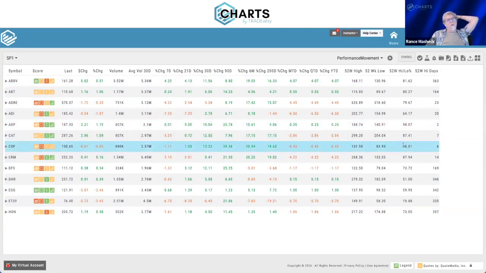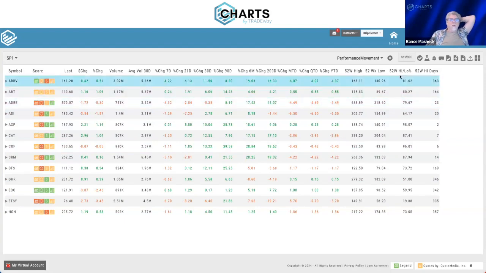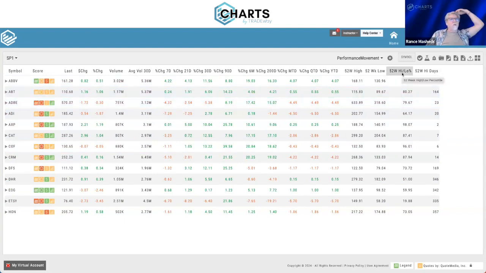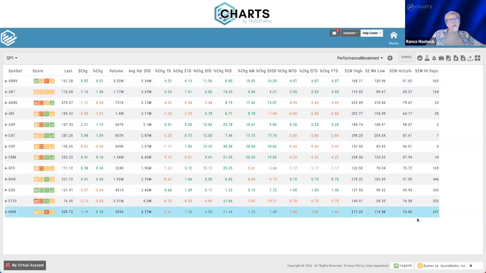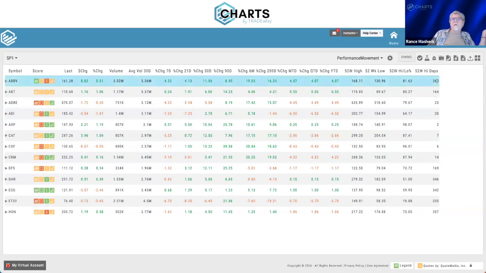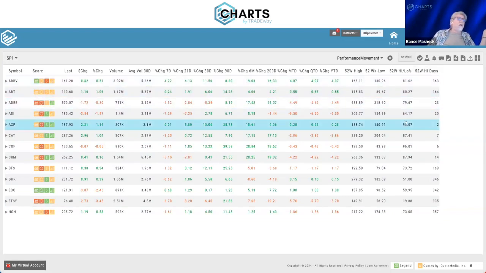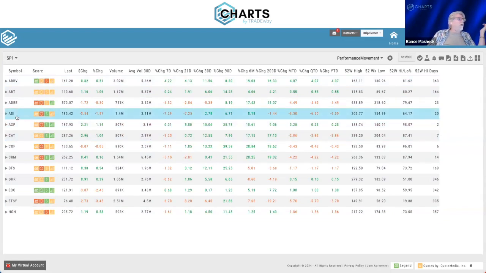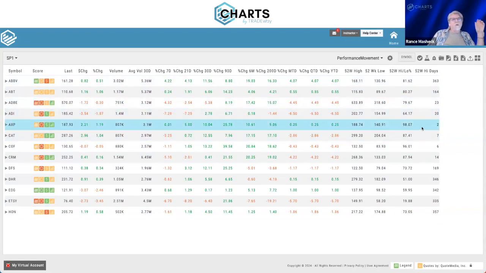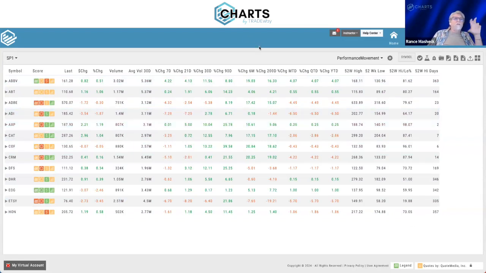And the lower ones, if it's close to a new low, it's going to be close to zero, right? So new high would be 100%, zero would be a new 52-week low. And it also tells you how many days since it hit a high. You can see it's at 98, way up there, and it's only been 2 days since it hit a high, for American Express. So you can really create these views the way you want.